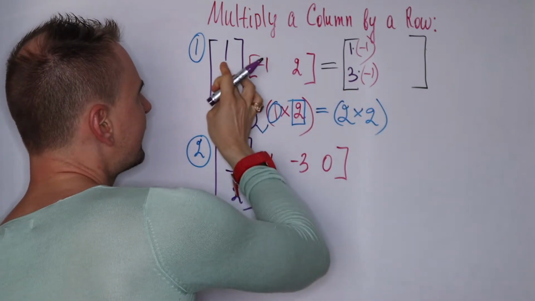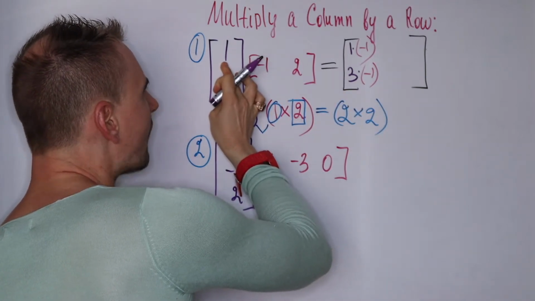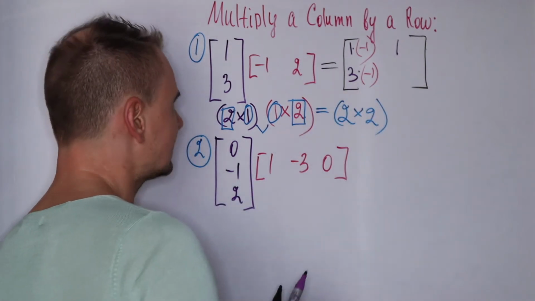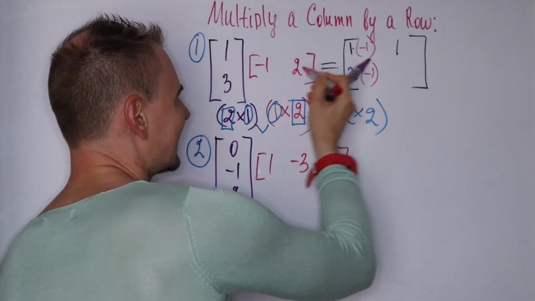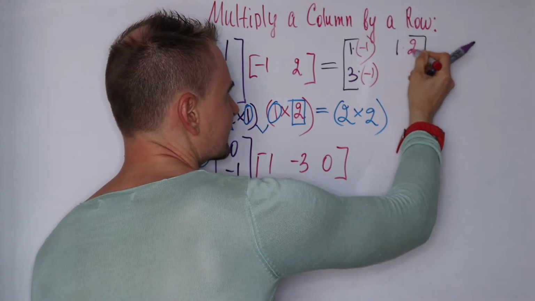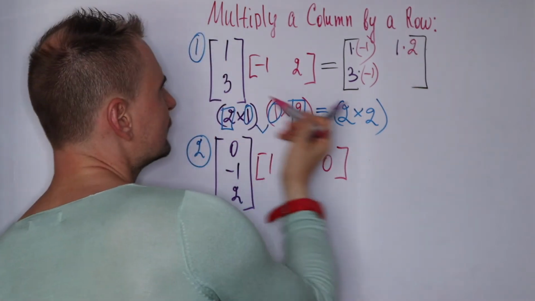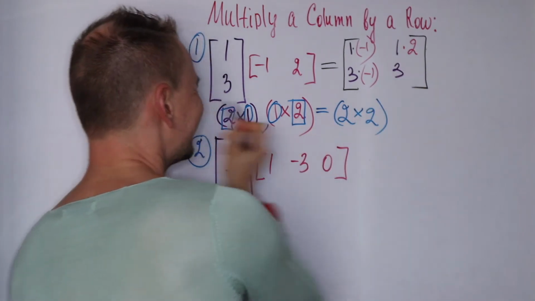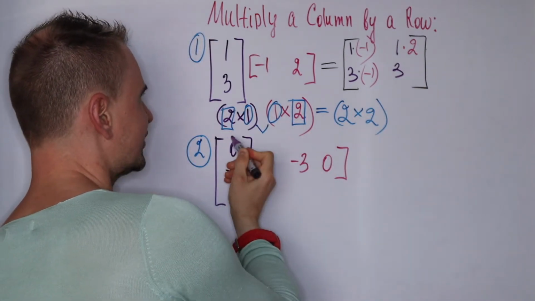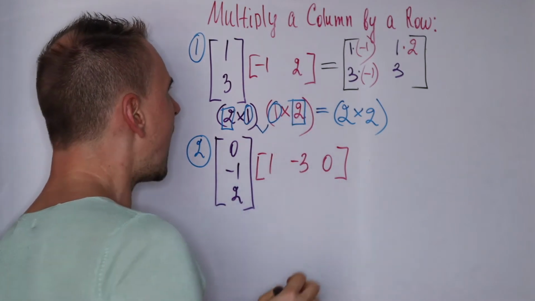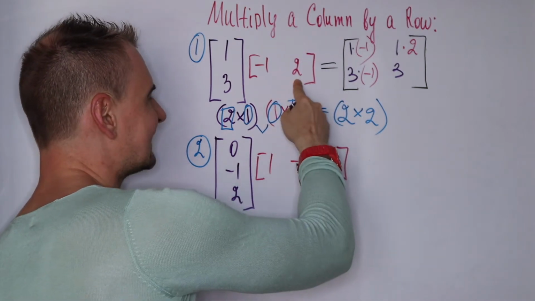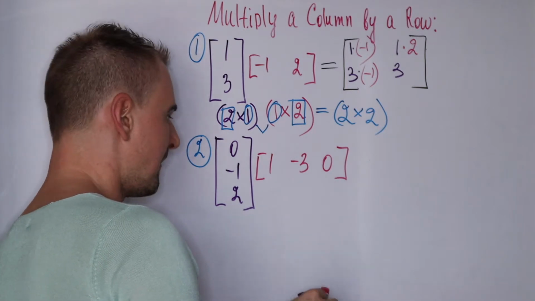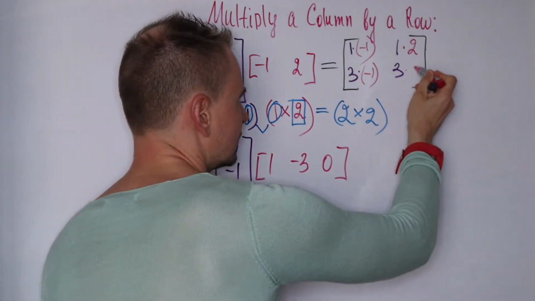You take the first element, which is 1, and you multiply it by the second element in the second matrix. And finally, you take this 3, the element in the second row of the first matrix, and you multiply it by the second element in the row of the second matrix, which is 2.